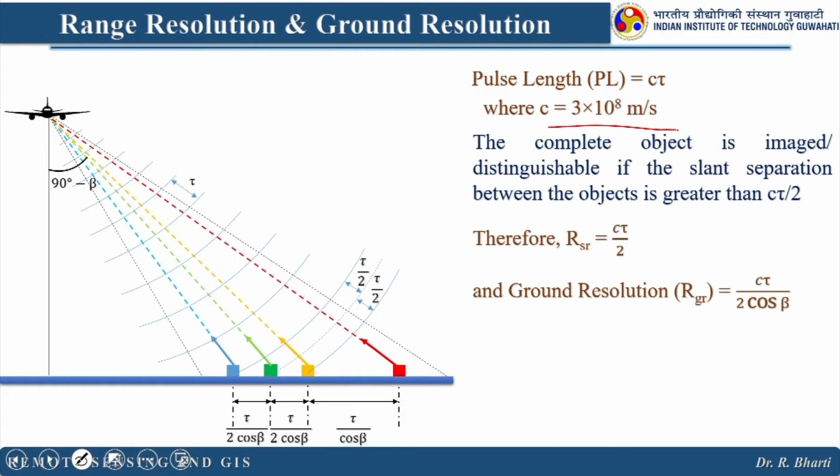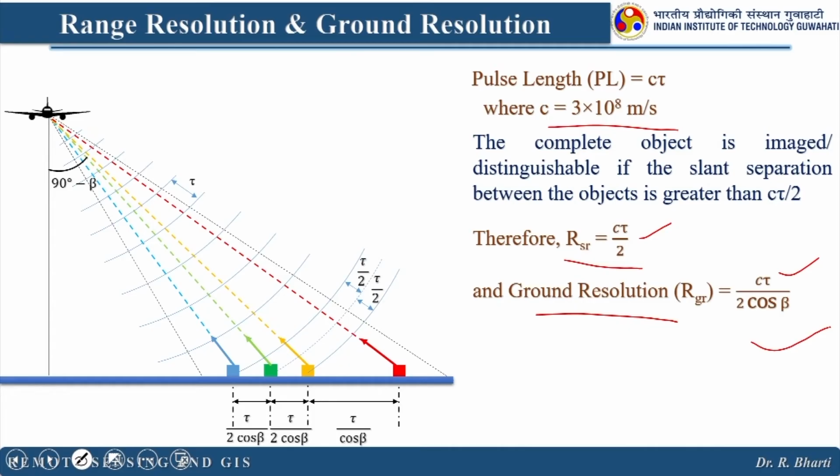The complete object is imaged or distinguishable if the slant separation between the objects is greater than C tau by 2, right. Therefore, slant range resolution is C tau by 2 and ground resolution is C tau by 2 cos beta, right.